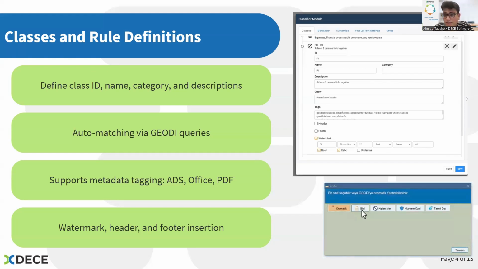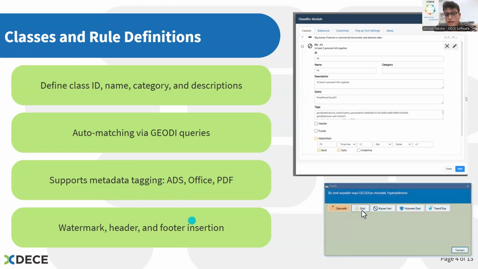Also, for example, some of the Office documents support an add-on directly, so they will be classified and the data will be printed directly to the metadata of each document. But documents like TXT or PNG photos do not support the add-on part, so GeoD classifies them directly with an ADS method.